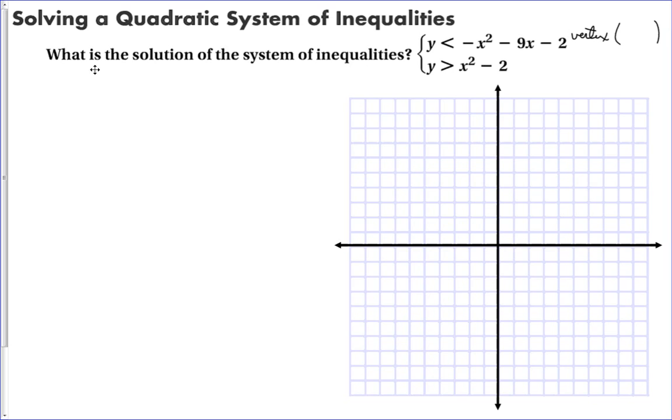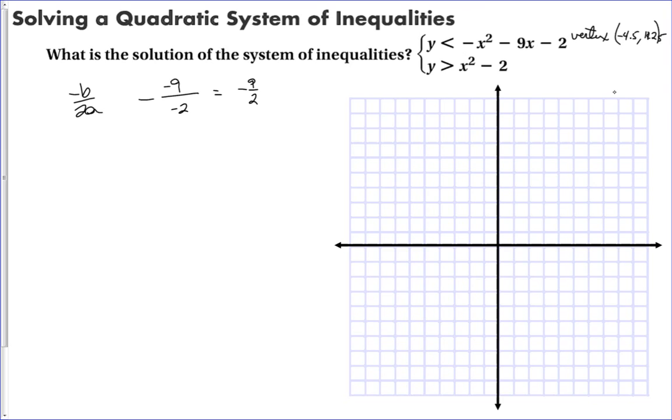All right, so we know it's negative b over 2a. So it's going to be negative, and b is negative 9, over 2 times negative 1, which is negative 2. We have an odd number of negatives, so this stays as negative 9 over 2, which is negative 4.5. Now, to get your y value, you simply plug the negative 4.5 into this equation like we've been doing, and when you do that, you get 18.25.